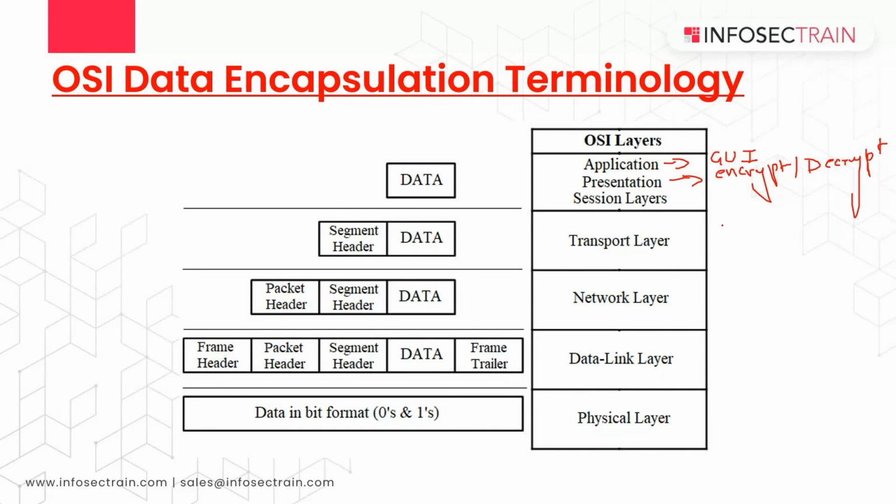If you are sending a message to your friend which is "hello", the session layer and transport layer cannot understand "hello". We have to convert it into a format they can understand, which is the data. That's why we have the presentation layer.